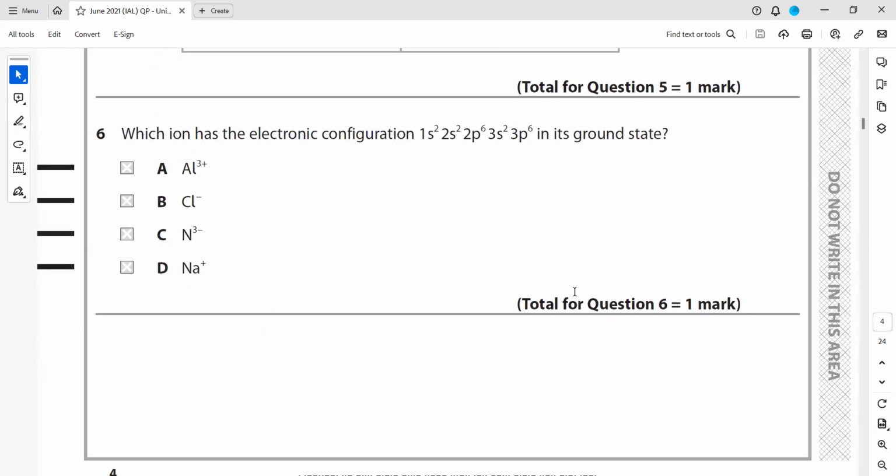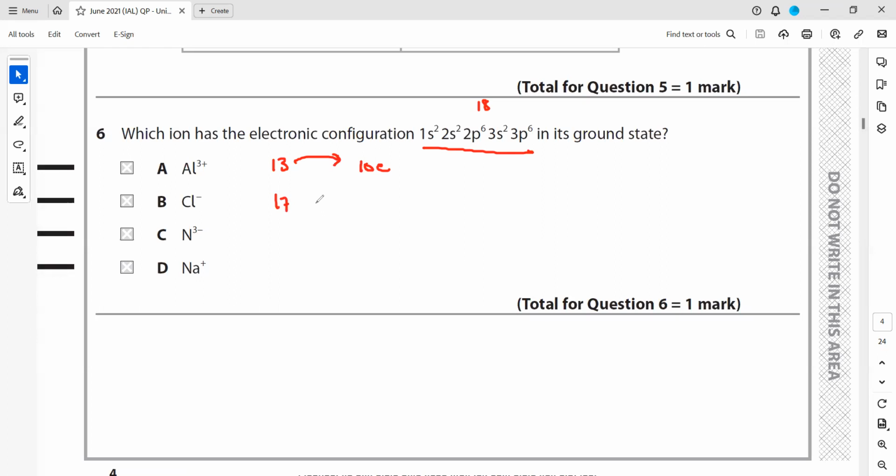Which ion has an electronic structure of 1s2, 2s2, 2p6, 3s2, and 3p6? So first you check the number of electrons. So 10 plus 8, so 18. Aluminium is 13, but when it becomes aluminium ion, it will have 10 because it lost 3 electrons.